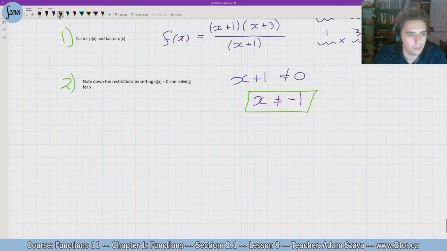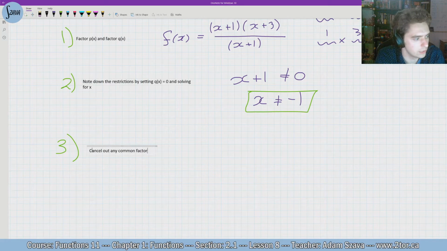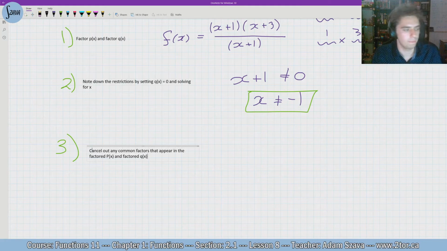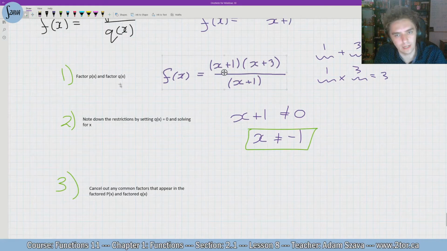Step 3 is essentially cancel out any common factors that appear in the factored p of x and factored q of x. So I'm going to write down the factored form again right here of our example.